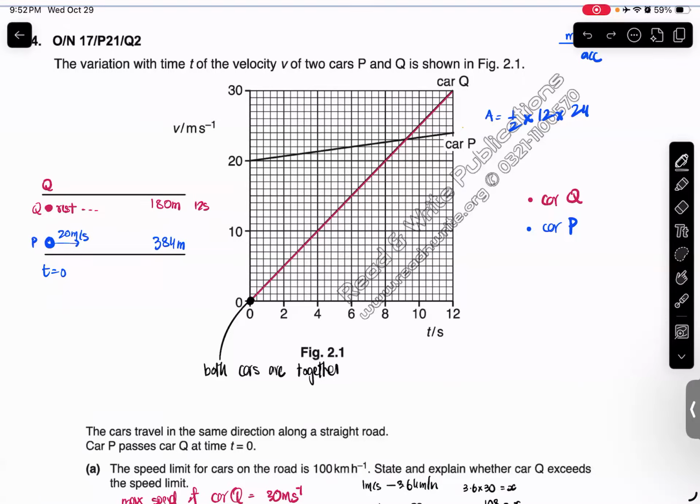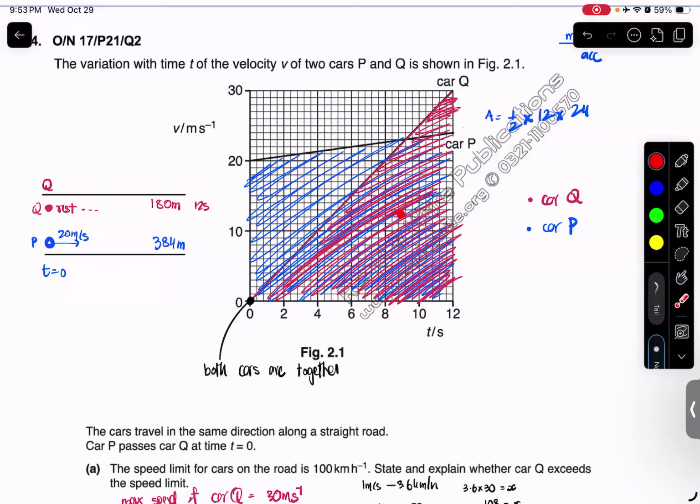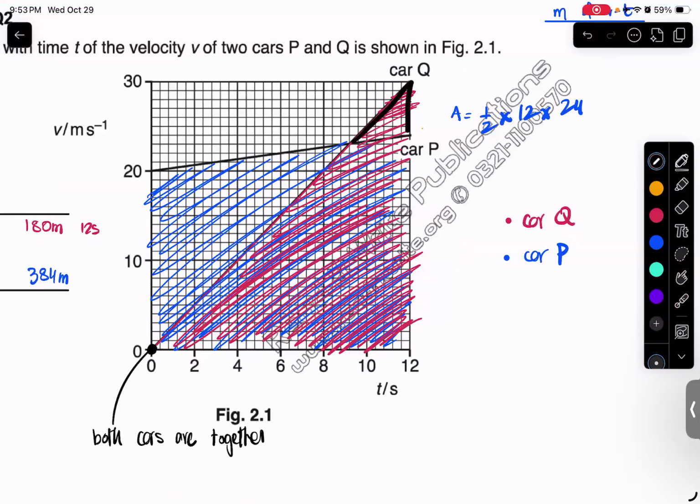Although, wait, car Q and car P. Oh, so what you're thinking is a little bit right. If you take the area under the graph for car P, and the area under the graph for car Q, and subtract the area under the graph of P from the area under the graph of Q, this will be the remaining area.